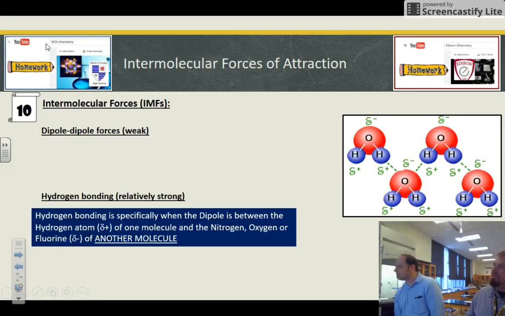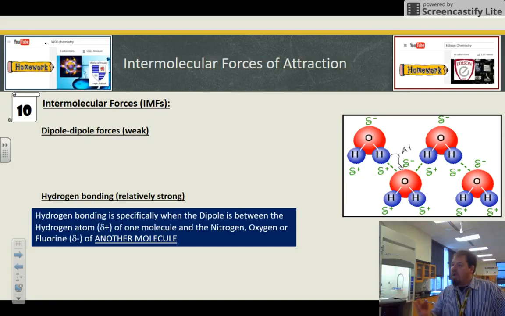So now notice in the picture, you have the blue hydrogen of one molecule attracted to the oxygen of another molecule, and it just so happens to be the definition: hydrogen of one molecule attracted to the nitrogen, oxygen, or fluorine. So because that condition is satisfied, we would call this hydrogen bonding.